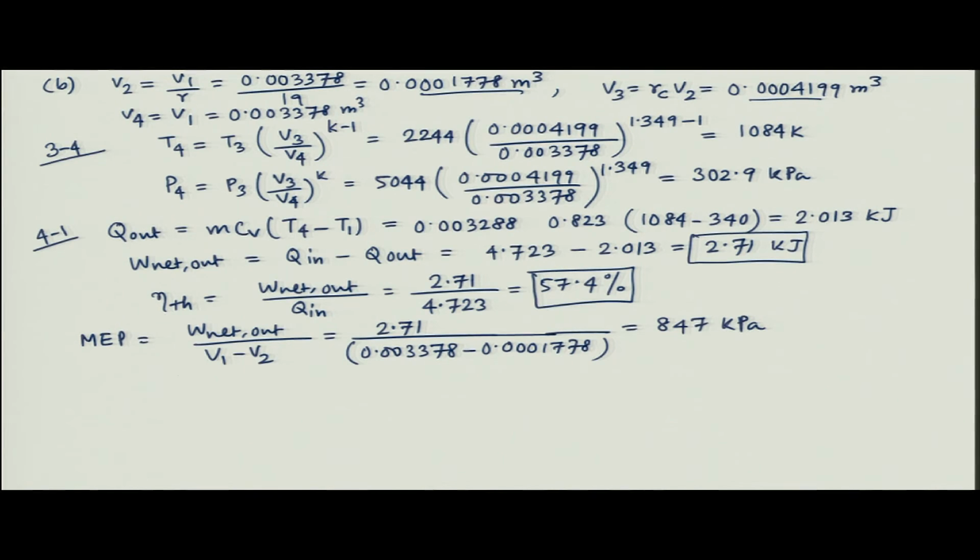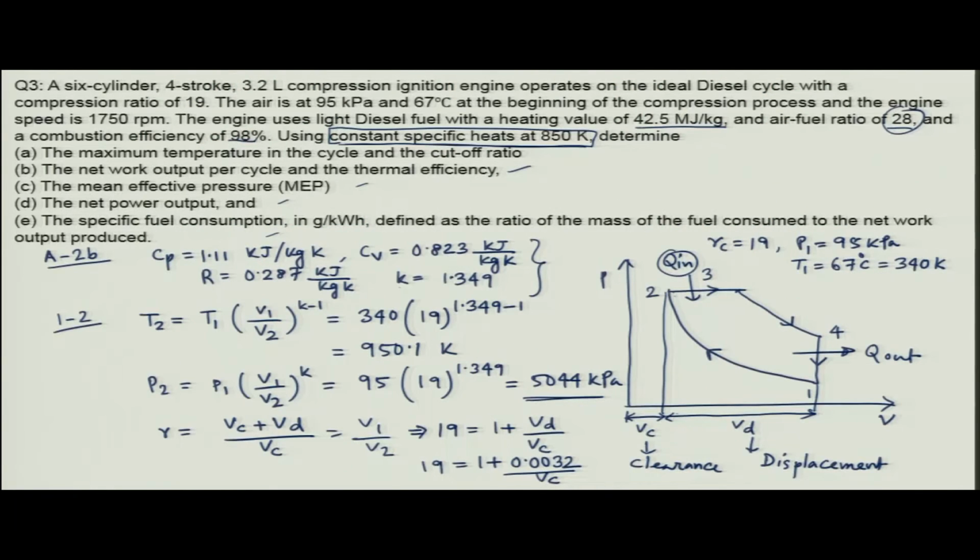Next, we can go and find out the net work output in kilowatt, right. So, the W dot net, dot means per unit time, this should be equal to W net out, which is the output of a cycle, which is 2.71 kilojoule. But if you look at the problem, this is a 4-stroke engine. What does it mean?